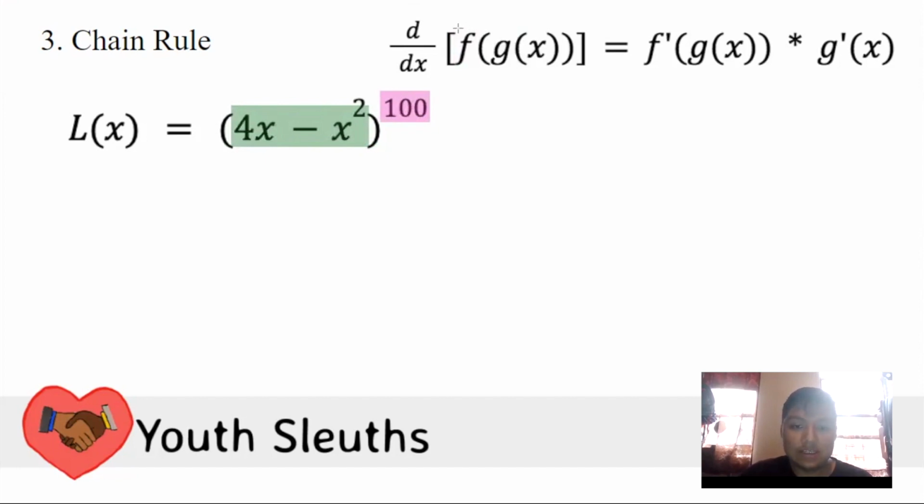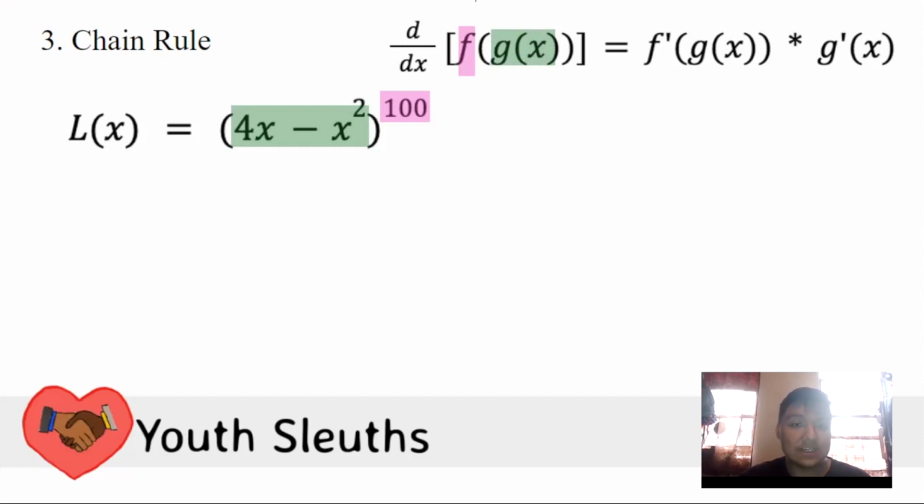So if we look here, we have that this would be f, and the 4x minus x squared would be g of x. So now you can take a moment to try this on your own and come back to review your answer.